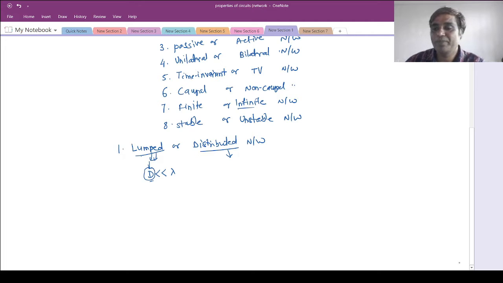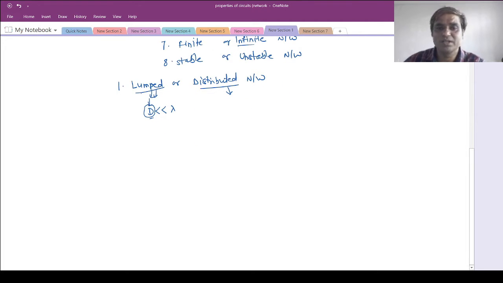For example, assume one network which is a black box with only two terminals. Suppose this network is operating at a frequency of, let's say, 1 hertz, and in another case the network is operating at a frequency of 10 gigahertz.